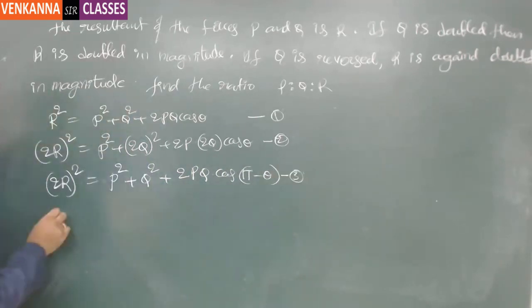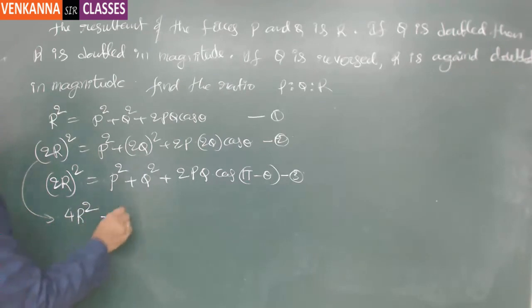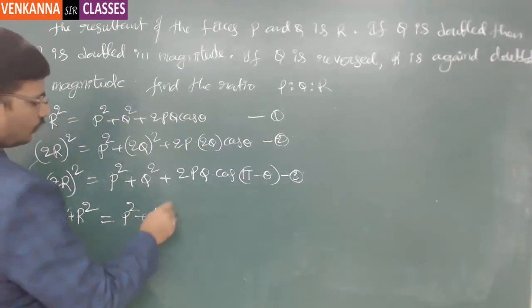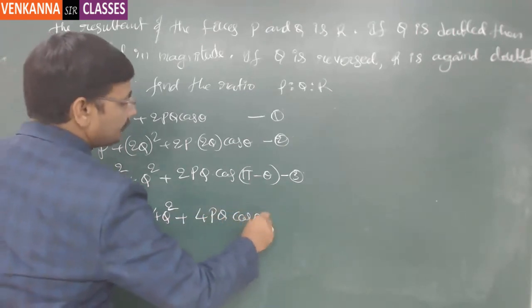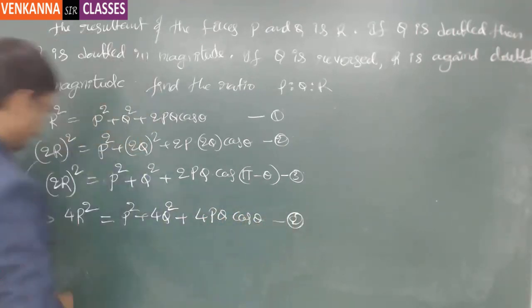So this equation I'll write first. 4R square is equal to P square plus 4Q square plus 4PQ cos theta. This is equation number 2.